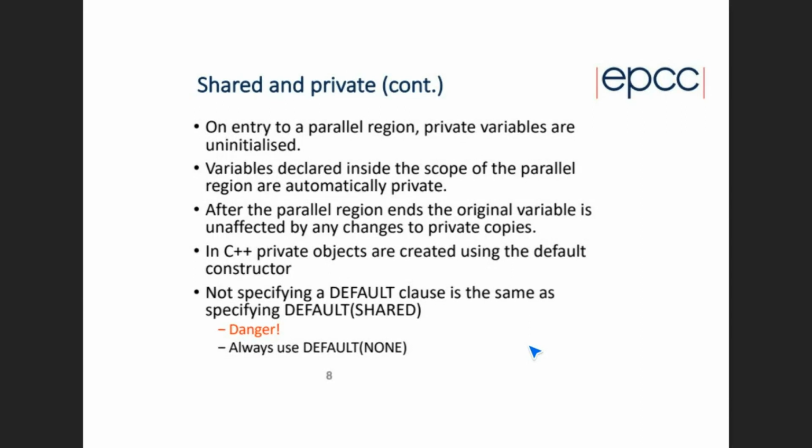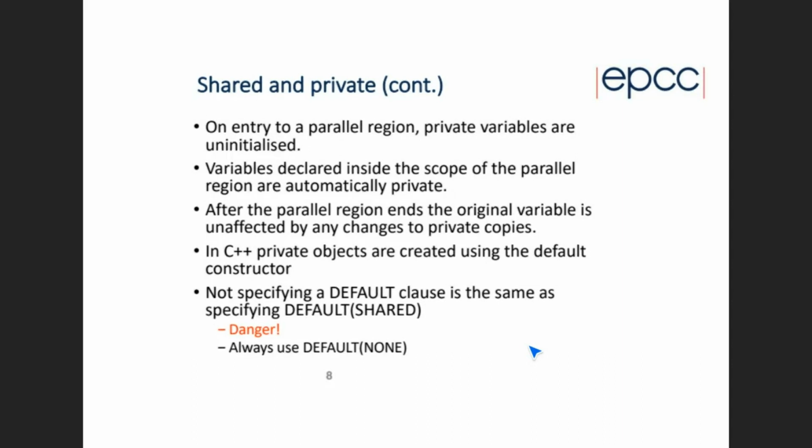They go out of scope. But the original variable that had that name is unaffected by any changes that we made to those private copies. The original variable is not accessible from inside the parallel region, but we are guaranteed that once we exit the parallel region, it hasn't changed from what it was when we entered.